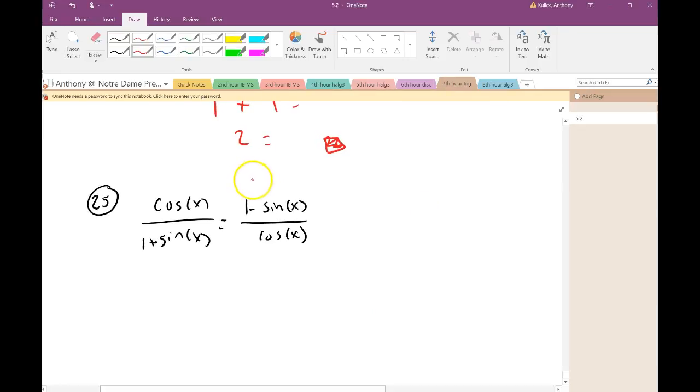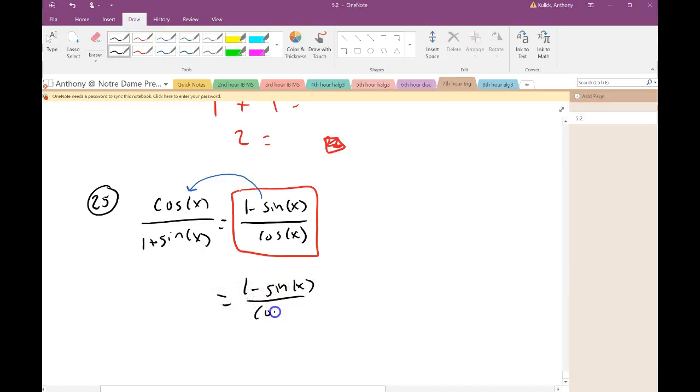For the sake of argument, I'm just going to start with the right-hand side. And my goal here is to come up with a way to turn 1 minus sine x in terms of cosines. So the way that I'm going to do that is I'm going to multiply the top and the bottom by 1 plus sine x.